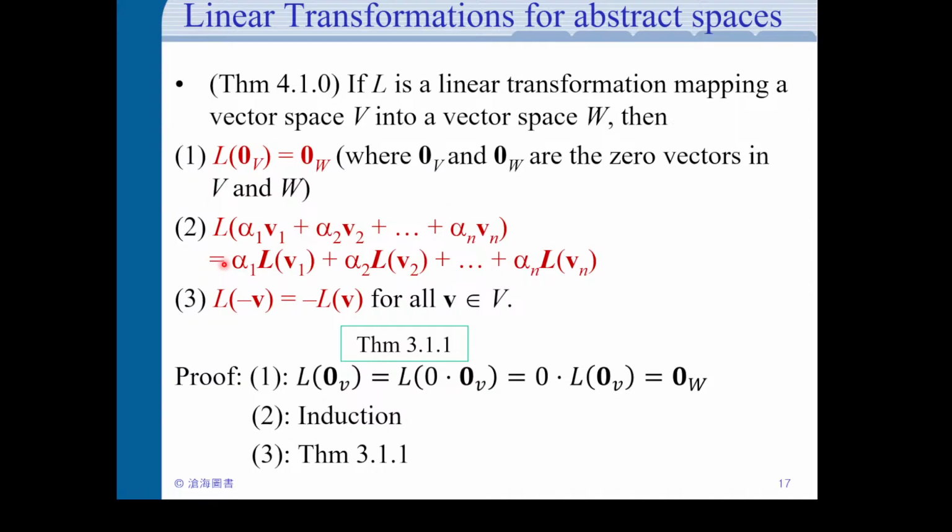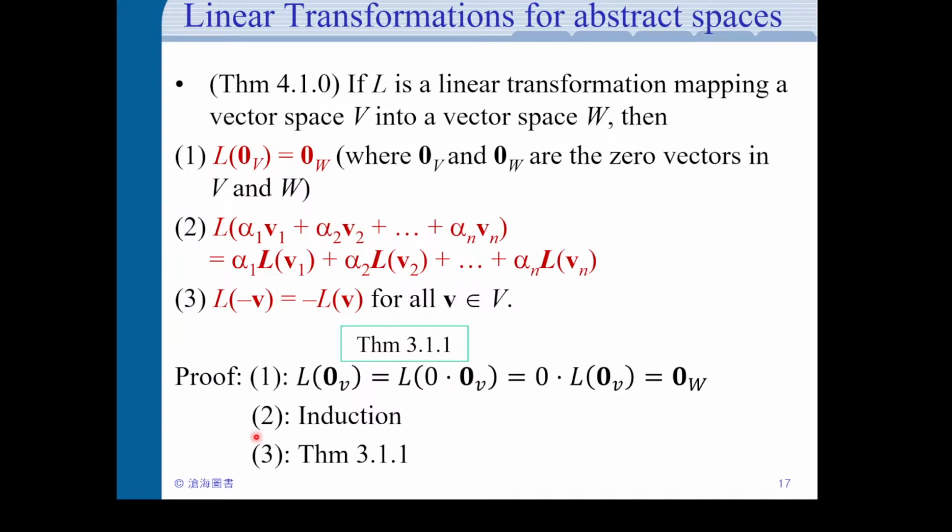And then the second property is quite trivial. It's basically just that the linear transformation respects a linear combination, but the only difference between this and the definition is that now we have more vectors. In the definition, we just have a linear combination of 2 vectors. Now we have n vectors. So, let's start the proof with the easiest one.